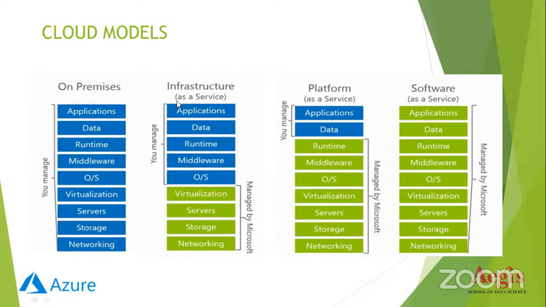All these things will be managed by us, and the rest of the things will be managed by the cloud providers. It can be IBM, Azure, AWS, any cloud provider. Internally in their data centers, they create all the infrastructure, all the servers. We only have to use those servers.